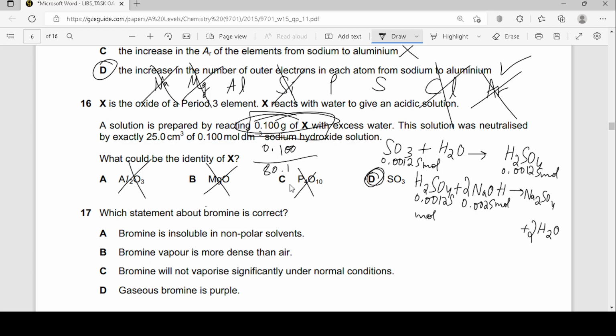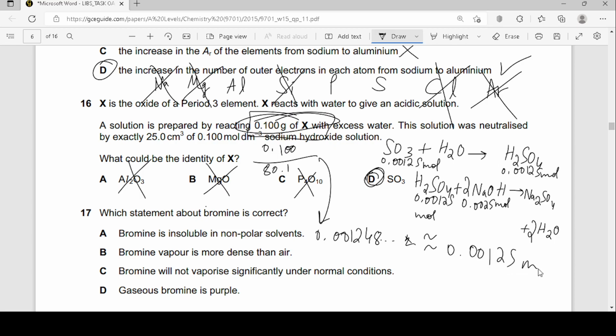So 0.1 over 80.1 gives me, ooh, look at that. I get 0.001248, which I will approximate to 0.00125.